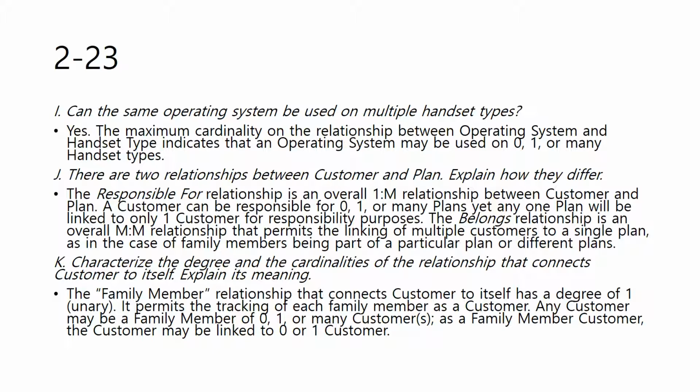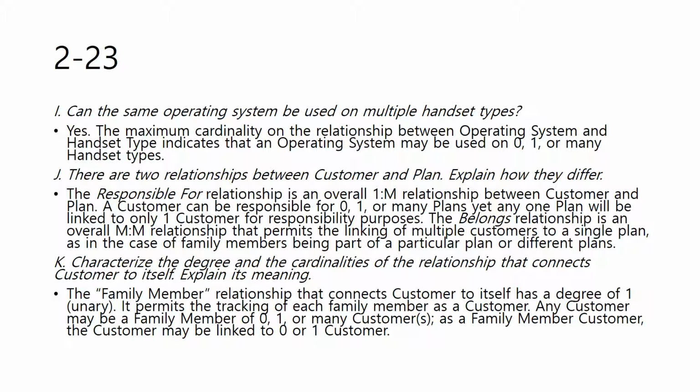Problem J. There are two relationships between customer and plan. Explain how they differ. The responsible for relationship is an overall one-to-many relationship between customer and plan. A customer can be responsible for 0, 1, or many plans, yet any one plan will be linked to only one customer for responsibility purposes.